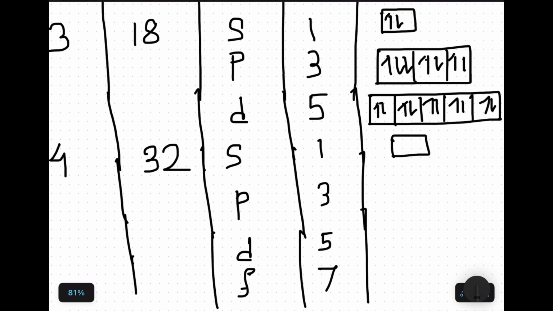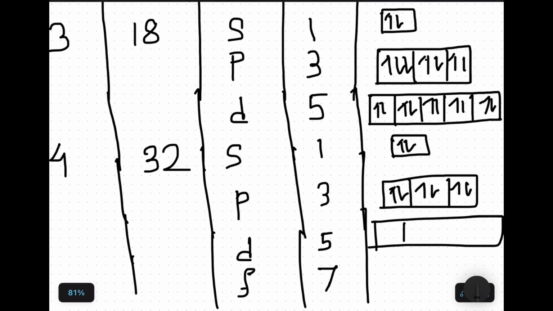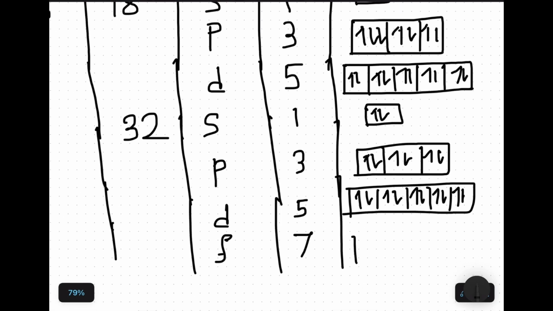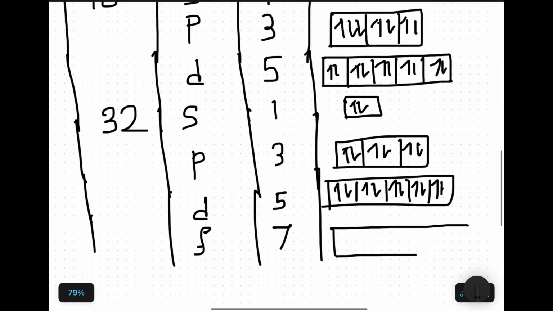So this is the orbital for S. Here are 3 orbitals for the P, and the D has 5 orbitals, and the last, F, has 7 orbitals.